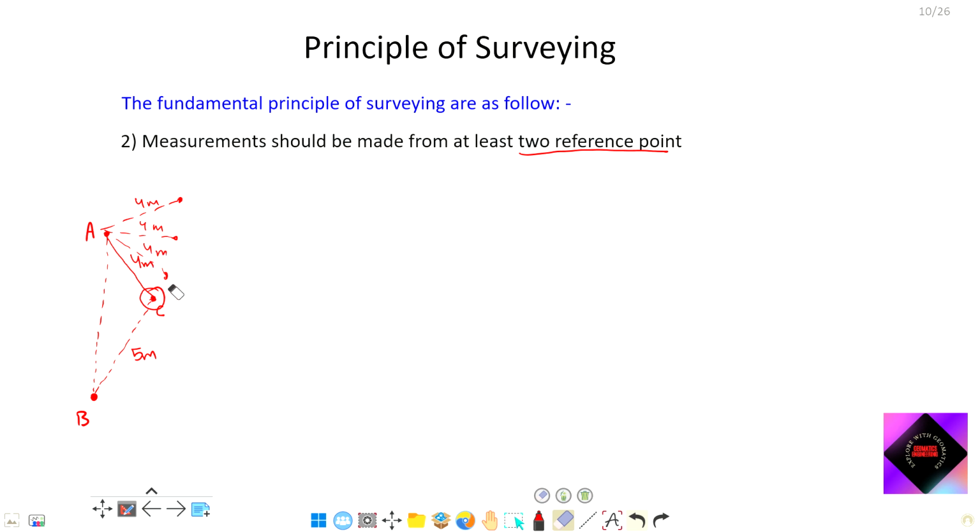Now moving further, depending upon the measurement of the location of C, there are various types of surveying. For example, let's make a figure first.